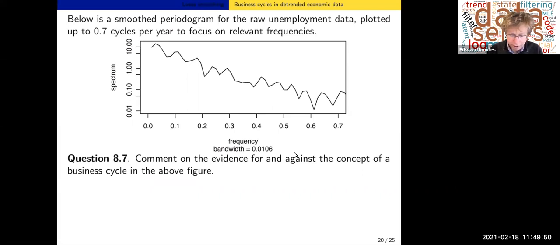So let's say there are no clear peaks in the estimated spectrum.